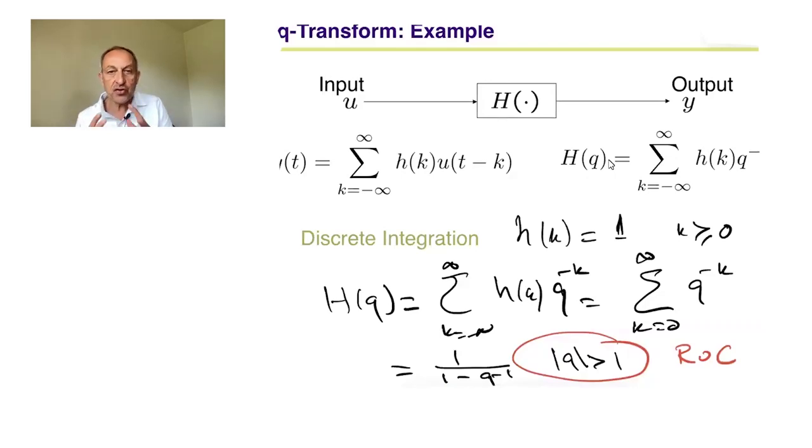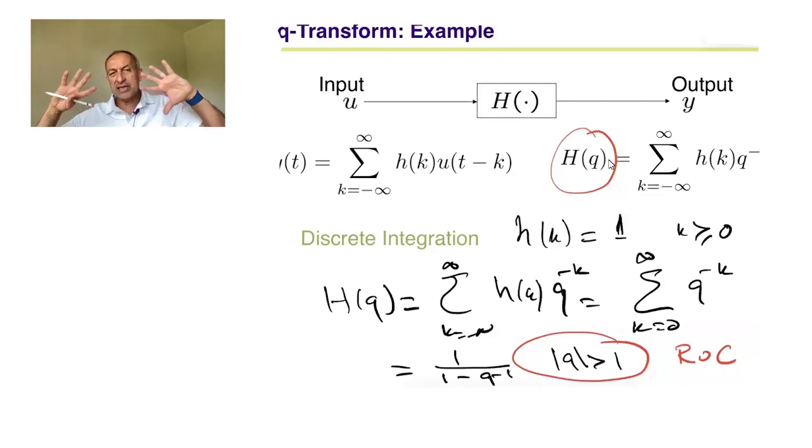Again, this is a little bit too much information here, but the point is that when we define h of q, it's not always defined for every variable q, because it may not be summable for every variable of q. As you have learned, infinite series don't always converge. So you can't always write the summation, but there will be a region of convergence. And no matter what complicated function you really give me, there's always a space in the complex plane where the summation will be defined, roughly speaking. Okay. So that's how we compute the transform.